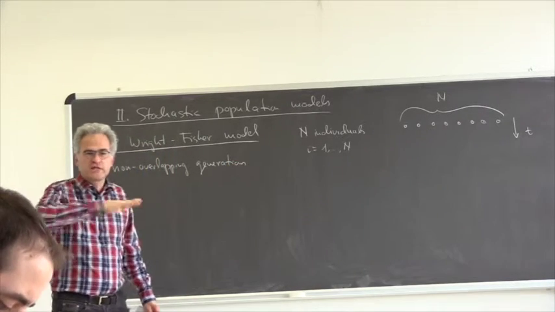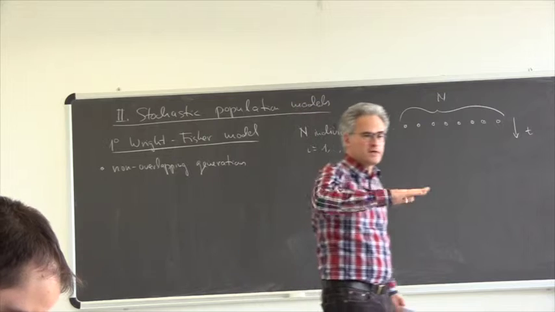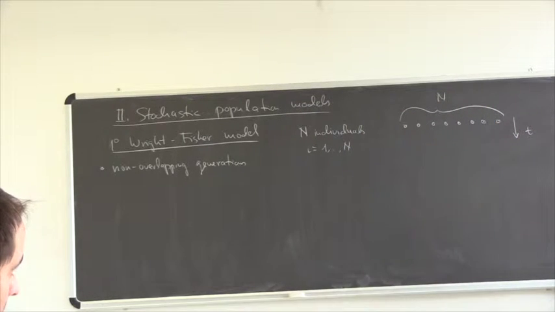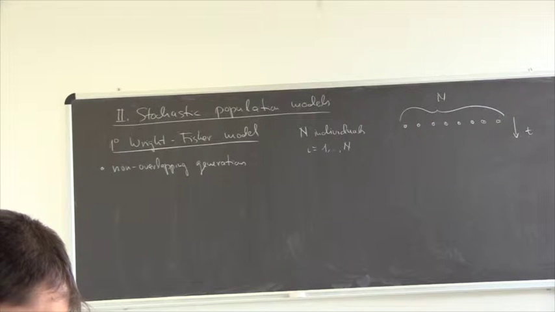This means that in each generation, all the individuals, if you will, die and are replaced by other individuals. This is not very natural for humans, but it would be a natural situation for example for annual plants, which die in the fall, and then the next generation is created by the seeds.